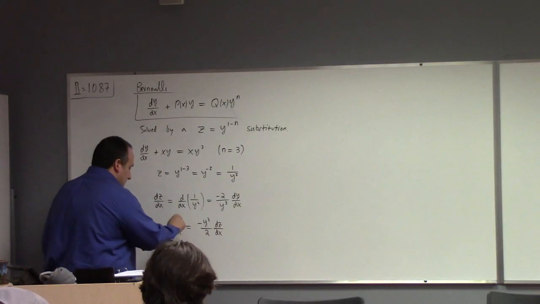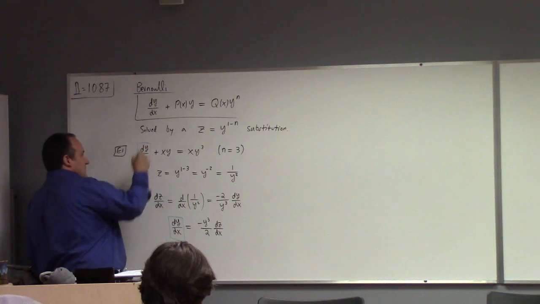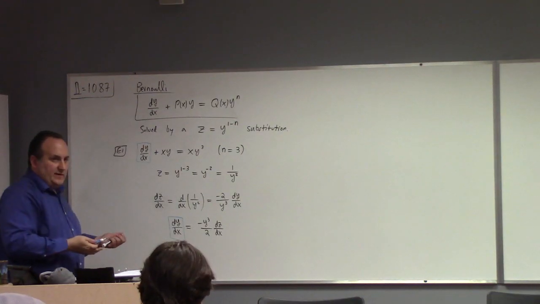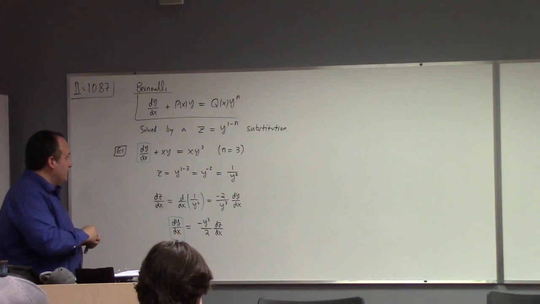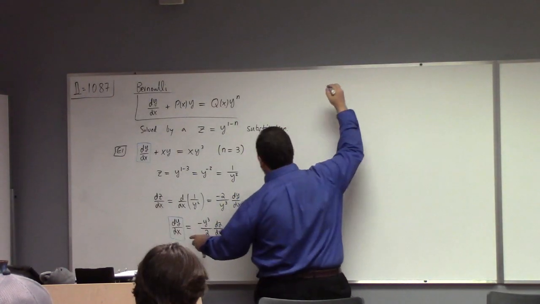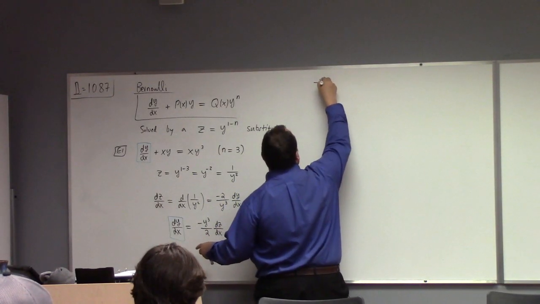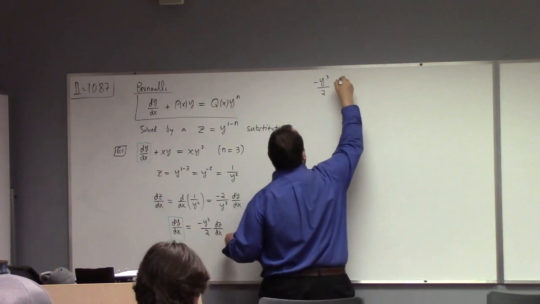Because to make a substitution, I need to replace the derivative with respect to the new variable, and then of course also I just need to make a change for the differential equation at large. But let's get to it here. So dy/dx is actually minus y cubed over 2 times dz/dx.